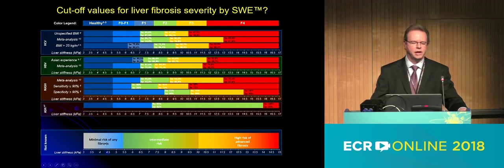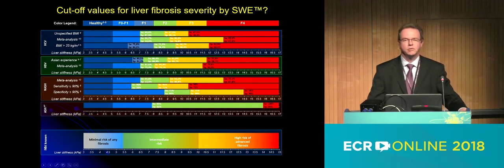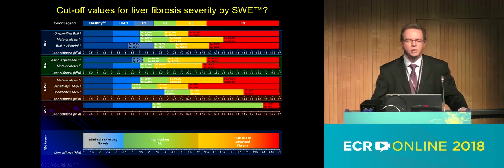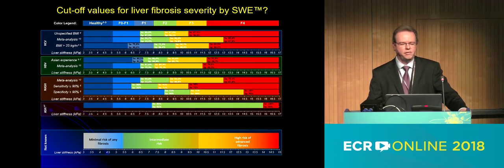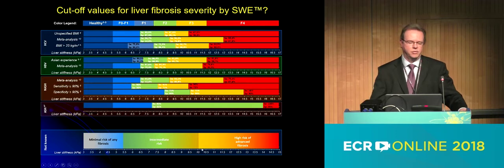When we don't know the etiology and we know nothing about the confounding factors, then it is wise to say that below 5.4 kilopascal there is a minimal risk of fibrosis. Above 10 kilopascal there is a high risk of advanced fibrosis, and in between it's intermediate.